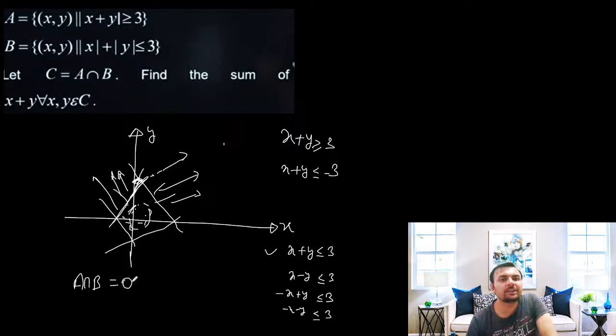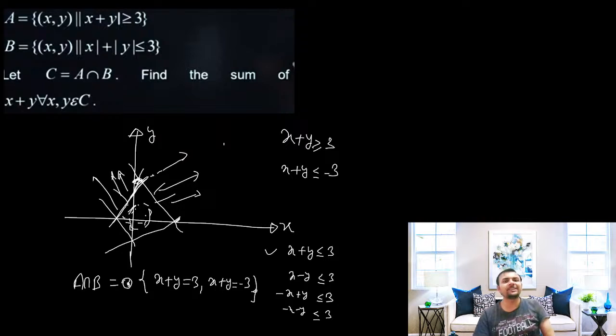So the intersection is nothing but x plus y equal to 3, x plus y equal to minus 3. So these are the two sets coming because this line could be one of the answers. So the sum of x plus y is 0. This is x plus y is 3, x plus y is minus 3. So 3 minus 3 is 0. Got it? Let's move ahead.